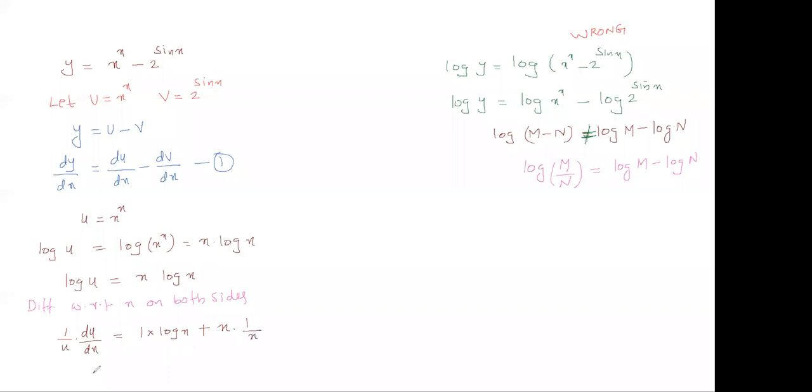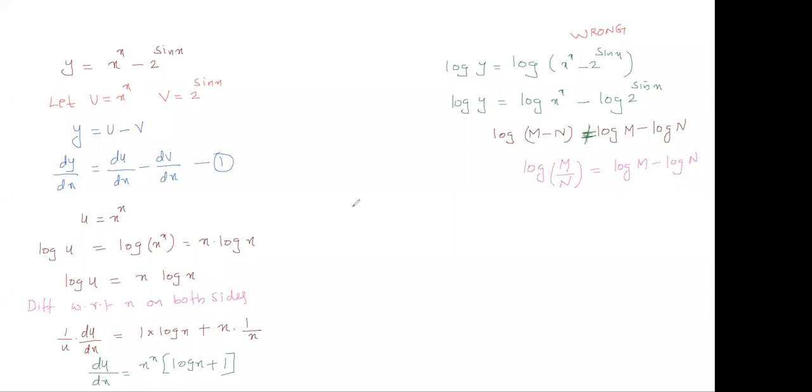Now from here you will get du by dx by cross multiplying with u. I'm writing in one step. du by dx is equal to u, that is x to the power x, into, in brackets, 1 into log x plus x into 1 by x, which cancels to 1. So you got the value of du by dx.